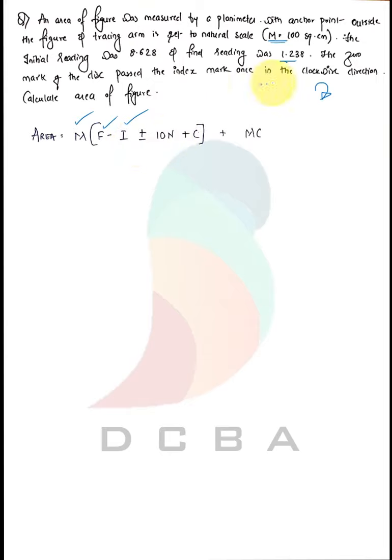N is nothing but the number of times the zero mark of the dial passes the index. Now the zero mark of the disc passes the index once, so this n is going to be 1. But which sign to use, plus or minus, will depend on whether it is clockwise or anti-clockwise. Clockwise is positive, anti-clockwise is negative. Since they have told clockwise, we are going to use the plus sign.